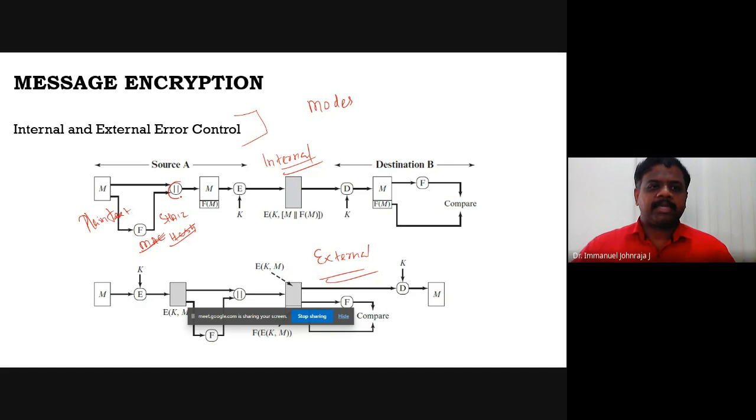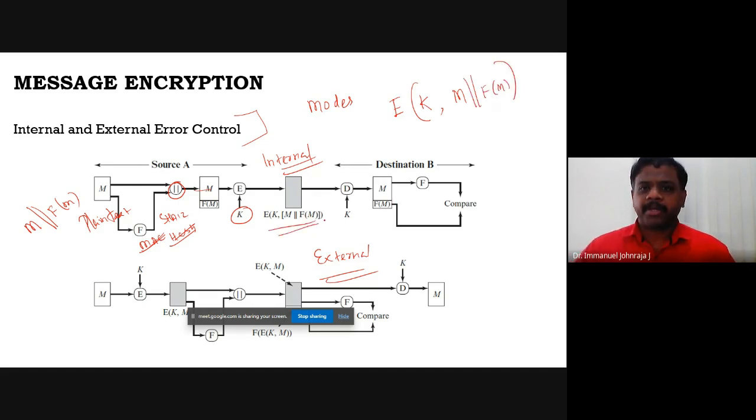So the message and the function of the message are appended here, and that is encrypted using the secret key which is shared. So you got your encryption algorithm which uses the key. What does it encrypt? The message which is appended with the function of message. So that is what is happening here.